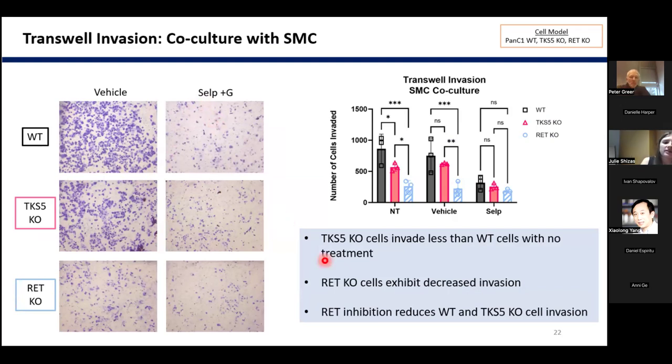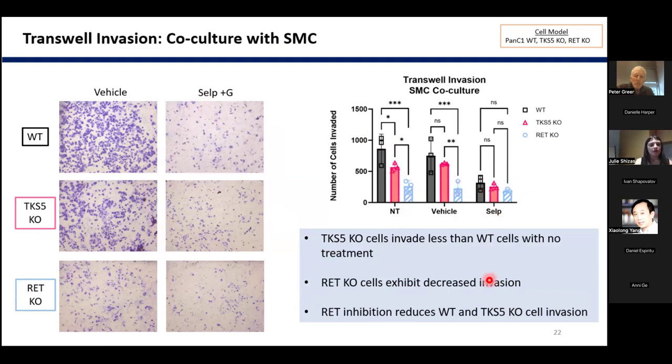What we found is that TKS5 knockout cells invade less than the wild type cells with no treatment. Here the black is the wild type, and the pink is the TKS5 knockouts. RET knockout cells exhibit decreased invasion overall, and with no treatment, the vehicle, and the selpercatinib treatment, they remain around the same.